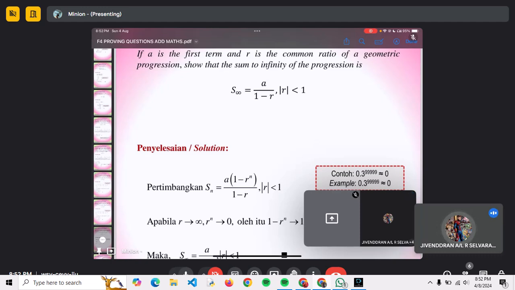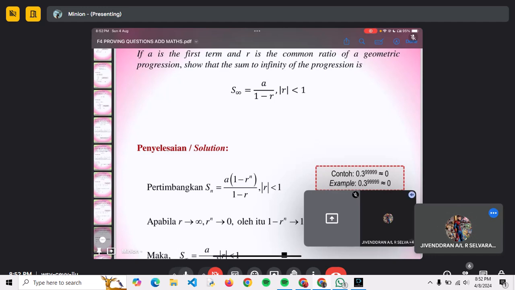The question says, if a is the first term and r is the common ratio of a geometric progression, show that the sum to infinity of the progression is S infinity equals a over 1 minus r.